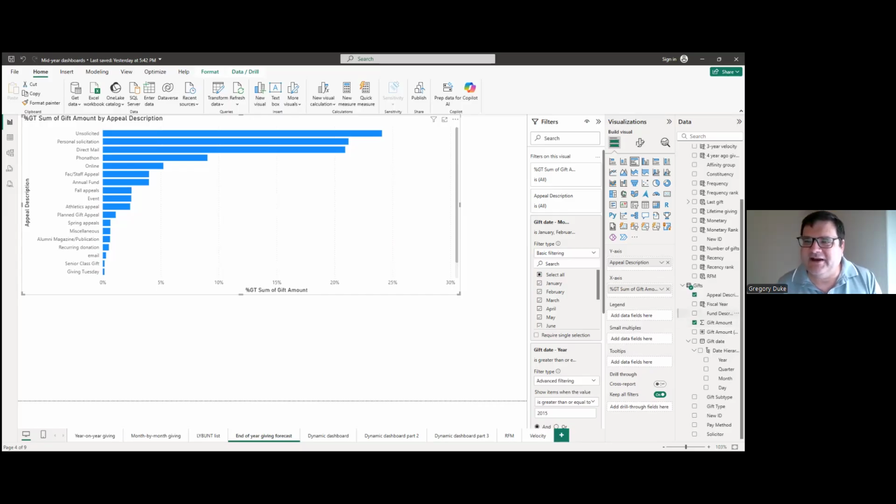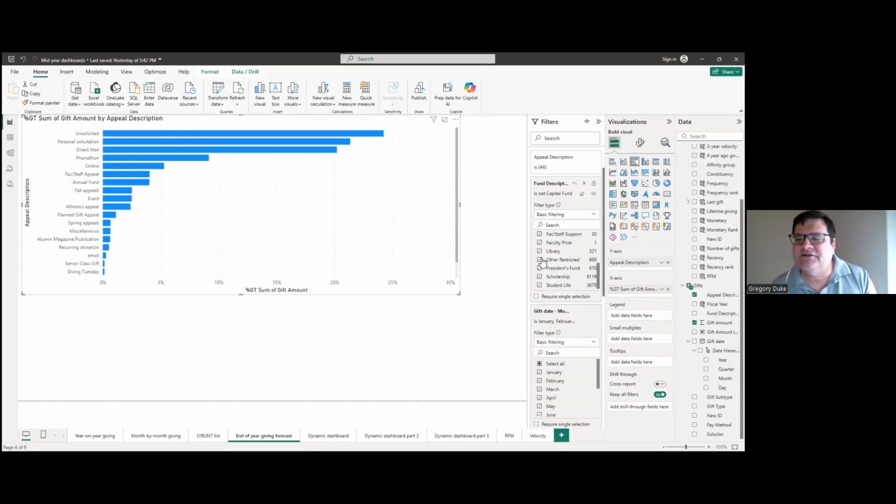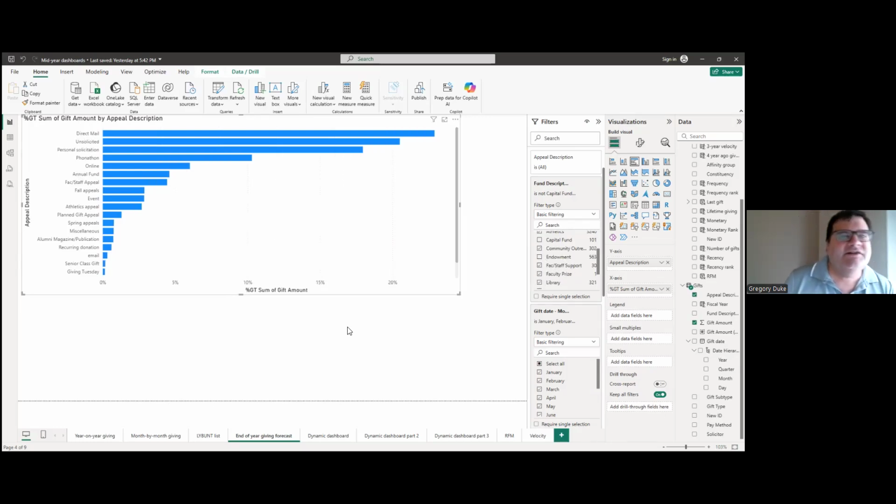I know I did put that in here, and that didn't move the needle too much. So instead, I'll also add endowment. There we go. So when we're looking at current gifts for this institution, direct mail raised quite a bit.